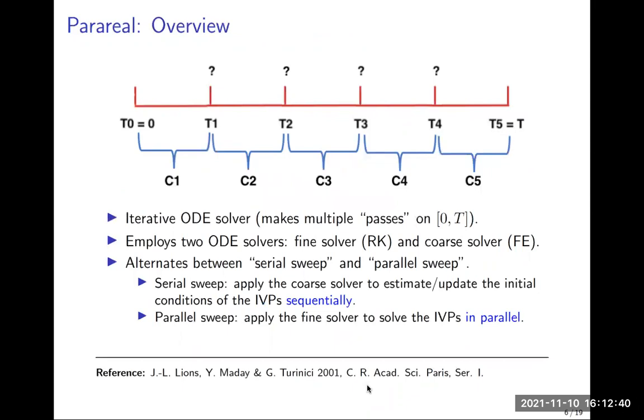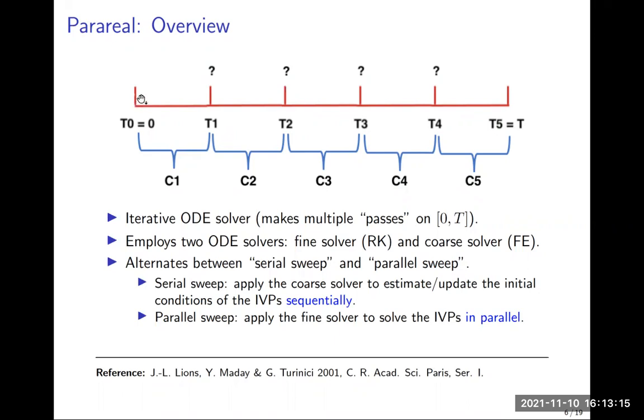So here I want to give you an overview of the parallel in time method that I will be using, which is called Parareal. It's one of the most common parallel in time methods, I would say. The first thing I want to say about this solver is that it is an iterative ODE solver. That is, it's going to make multiple passes on this time interval. If you think about the more commonly used ODE solvers, such as Forward Euler, Runge-Kutta, etc., you'll simply make one pass on this interval, right?